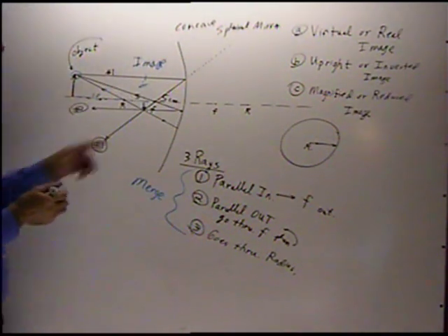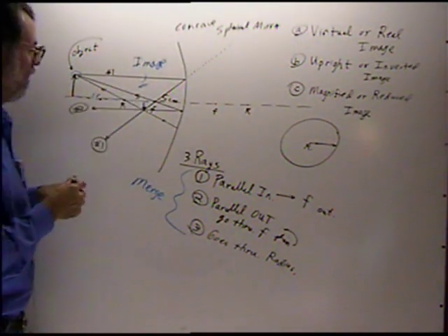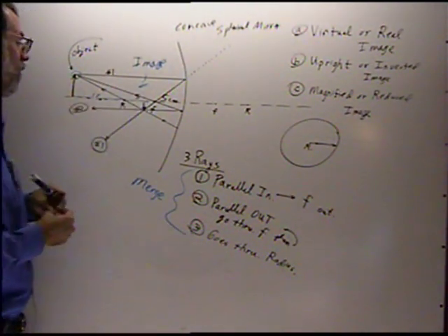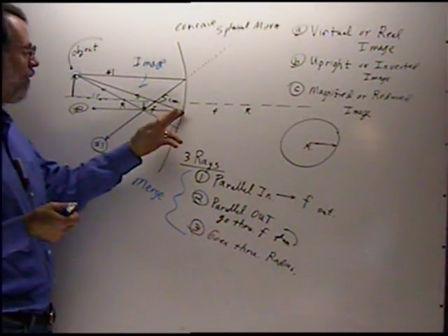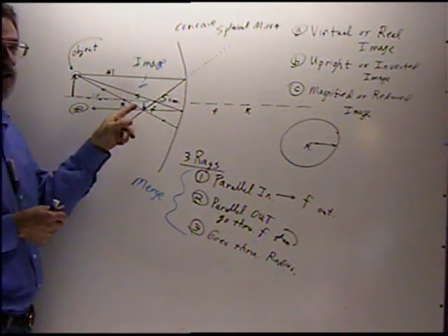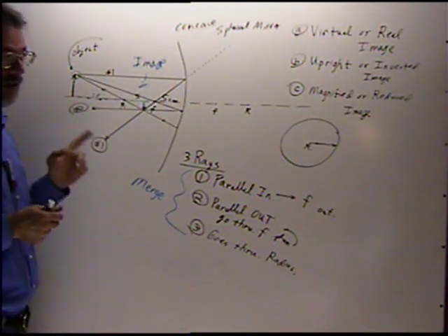So notice that the image, is it real or is it virtual? Now notice, do you have to go through the mirror to get to the image? In this case, no, you do not.